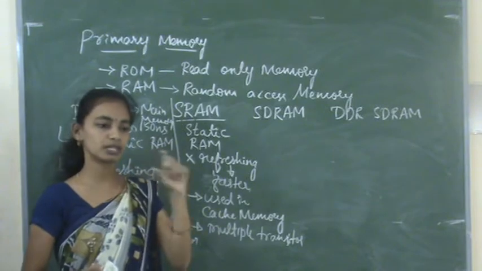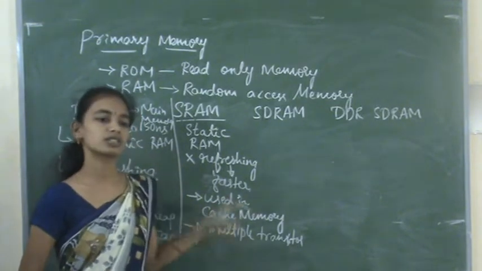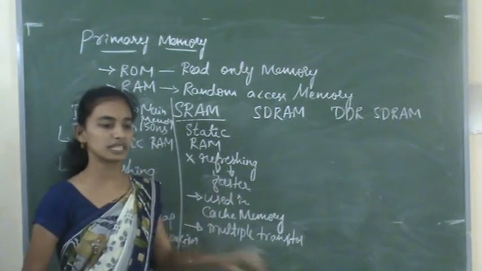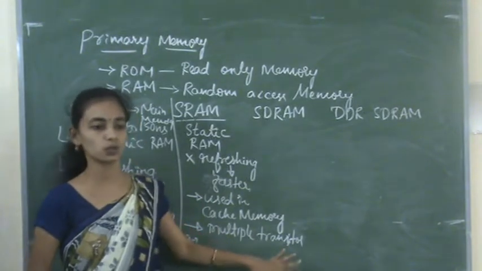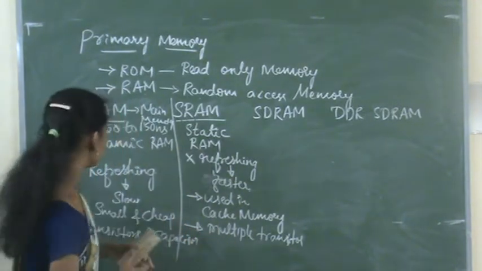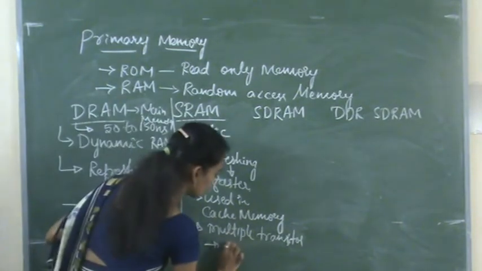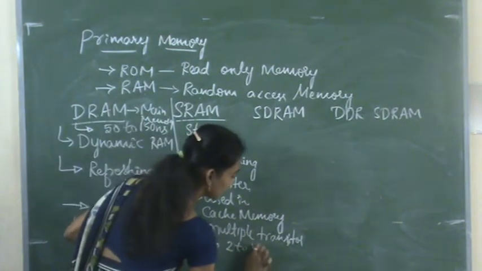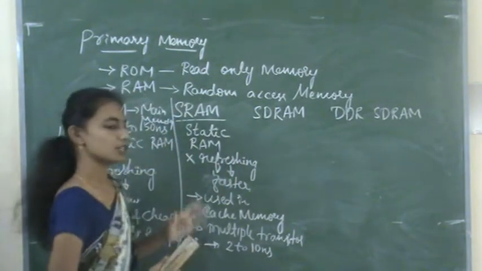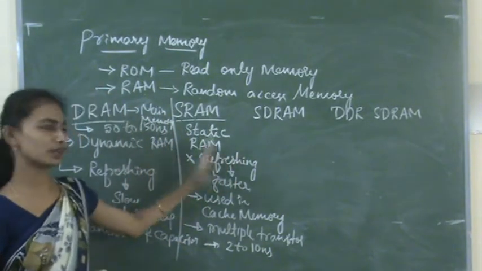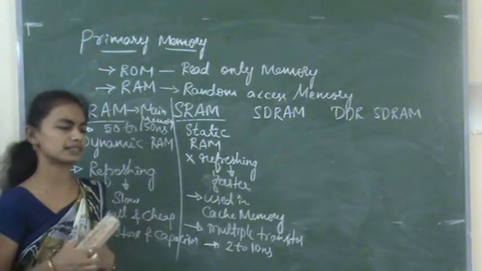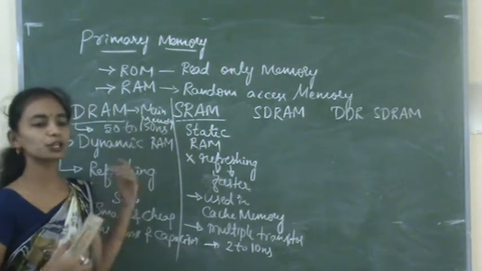The data access speed is 2 to 10 nanoseconds. Compared to DRAM it is much faster, so we can access data very quickly compared to DRAM.